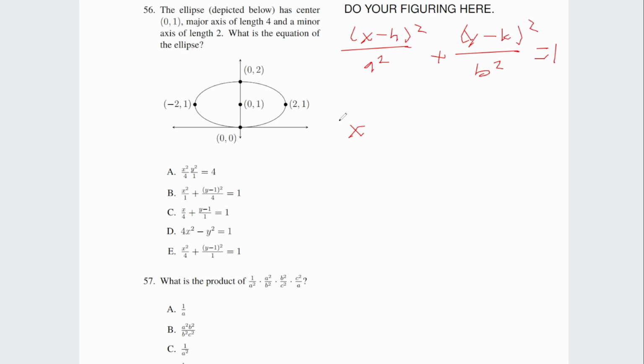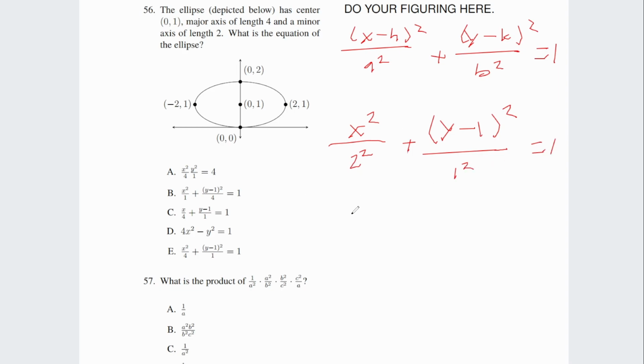So we actually have x squared over the length of the major axis, which in this case is 2, this distance, x squared over 2 squared, plus y minus the displacement on the y-axis, which is 1, y minus 1, all squared, over the length of this axis, which is 1 squared, all equaling 1.